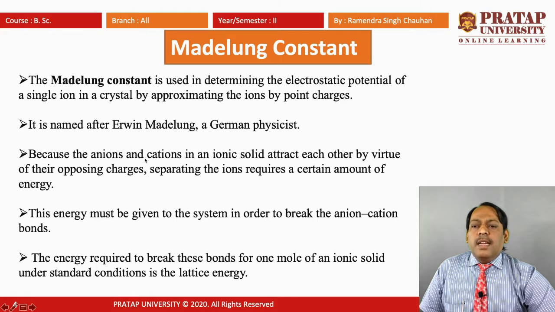And here the anions and cations in an ionic solid attract each other by virtue of their opposing charges. Separating the ions requires a certain amount of energy, and this energy must be given to the system in order to break the anion-cation bonds, because anions and cations in an ionic solid have opposing charges.